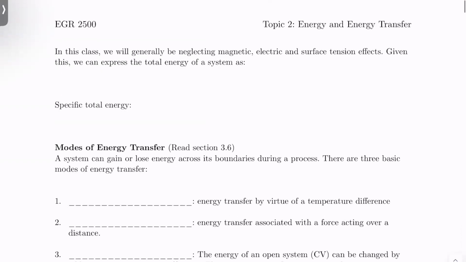In this class, we're generally going to neglect magnetic, electric, and surface tension effects. So if we get rid of those things and assume they're negligible, then we can express the total energy of a system as the following.